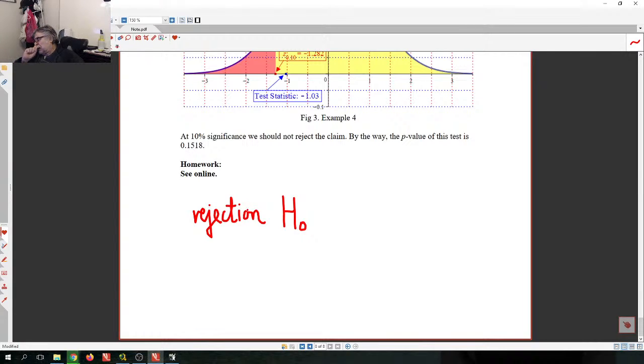Right? You have to be aware of that. So it's always about rejecting null hypothesis. If you do not reject the null hypothesis, the conclusion is that you don't have enough evidence to reject it. Not accepting it. If you need to accept something, that is going to be H1, the alternative hypothesis.